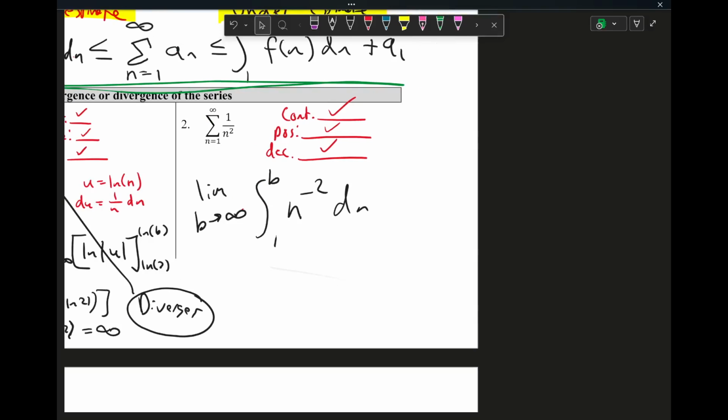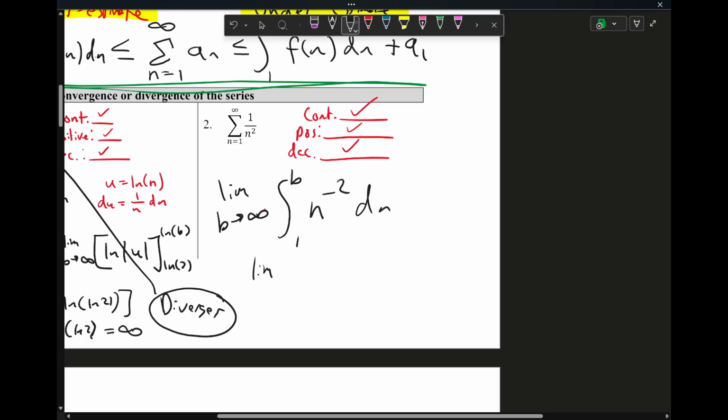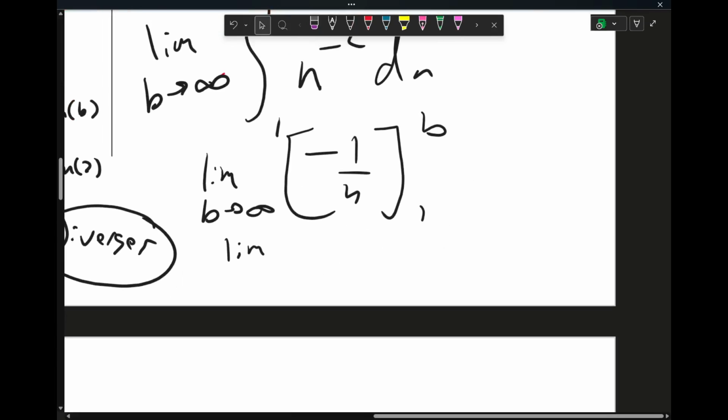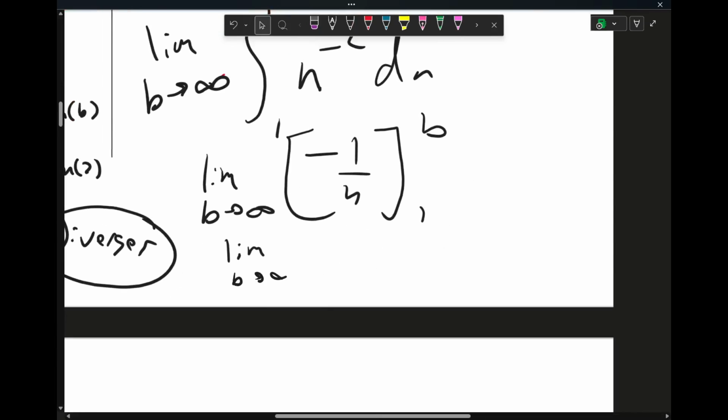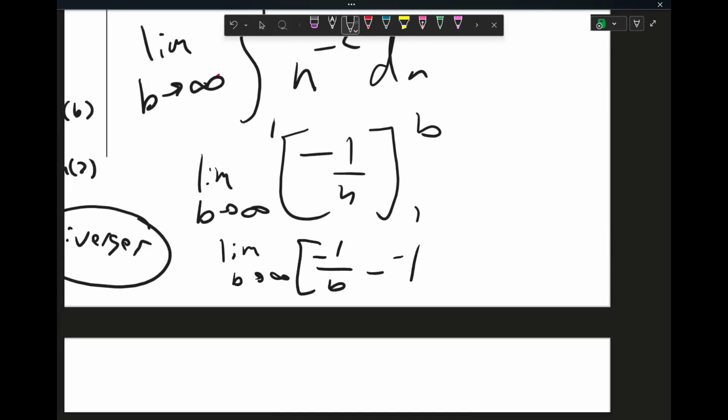So you have to do the integration. Again, it is good for you to practice this improper integral because it's been a while. Raise the power by 1, divide by the new power, evaluate from 1 to b. You would get negative 1 over b minus a negative 1.